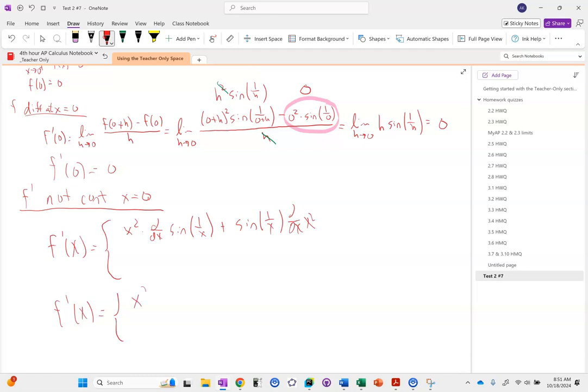So I have x squared times cosine 1 over x times negative x to the negative 2, like that. And then plus 2x sine 1 over x.